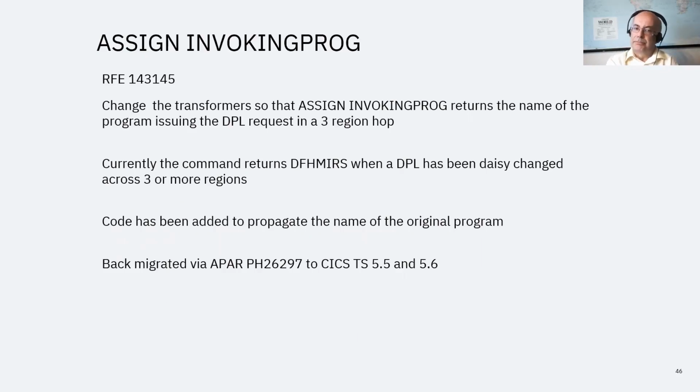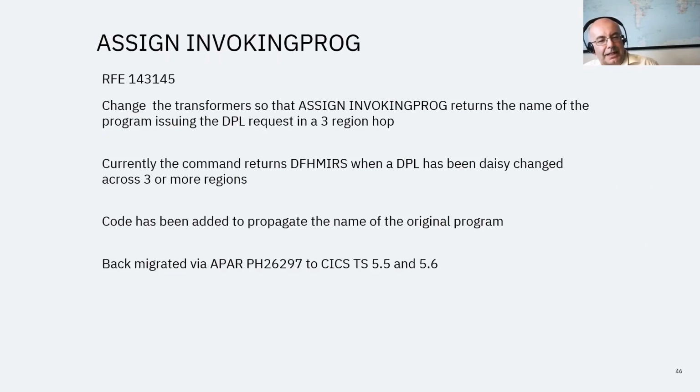Another one, ASSIGN INVOKINGPROG. Well, as the name suggests, it allows you to see who called you. If a DPL request, so if you DPL from region A to region B, and you issue this in region B, you can find out the name of the program in region A. And if you went more than one hop, so you went from A to B to C, and then issued an ASSIGN INVOKINGPROG, all it would do is tell you that the mirror in region B was the invoking program, which is kind of true, but not what you really wanted.